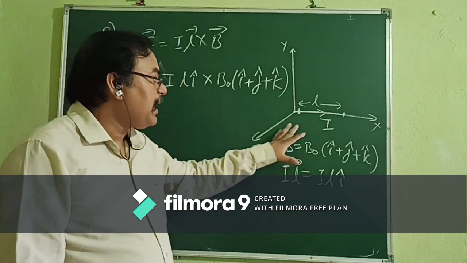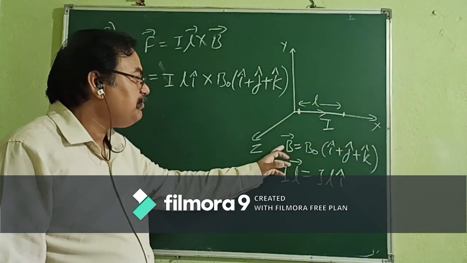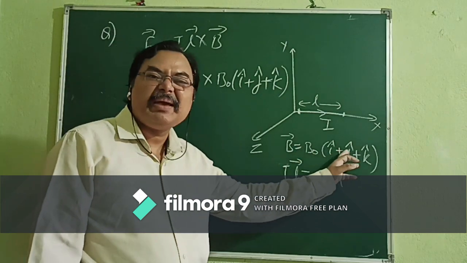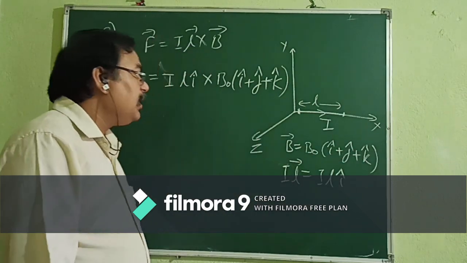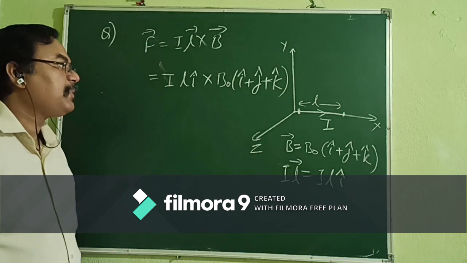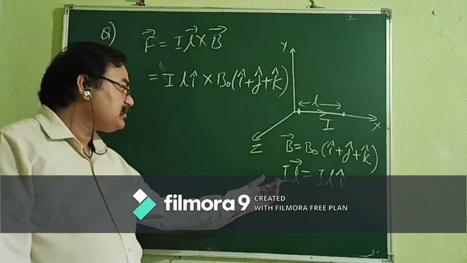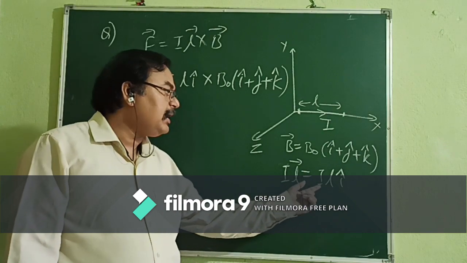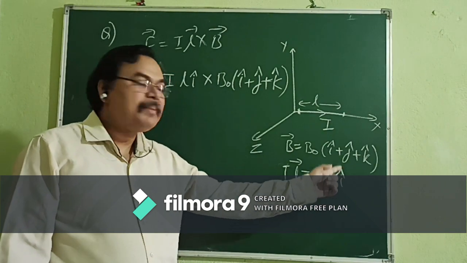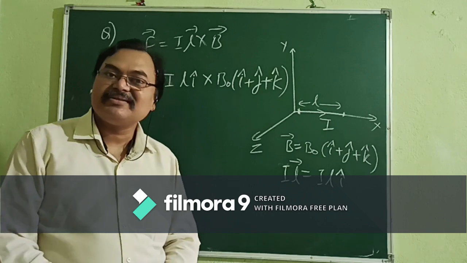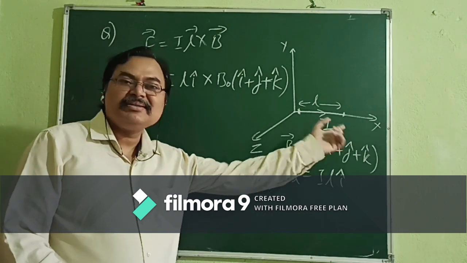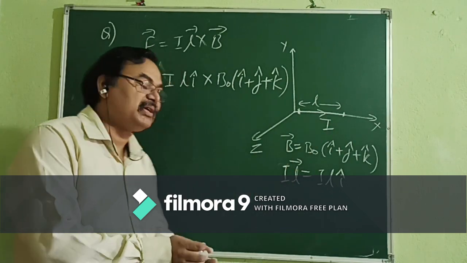And the magnetic field given in this region is B equals B naught (i cap plus j cap plus k cap). Now as the current is flowing along the positive x-axis direction, can we write this IL vector is equal to IL i cap? Why i cap? Because i cap represents positive x-axis, and our direction of current is along the positive x direction. That's why.